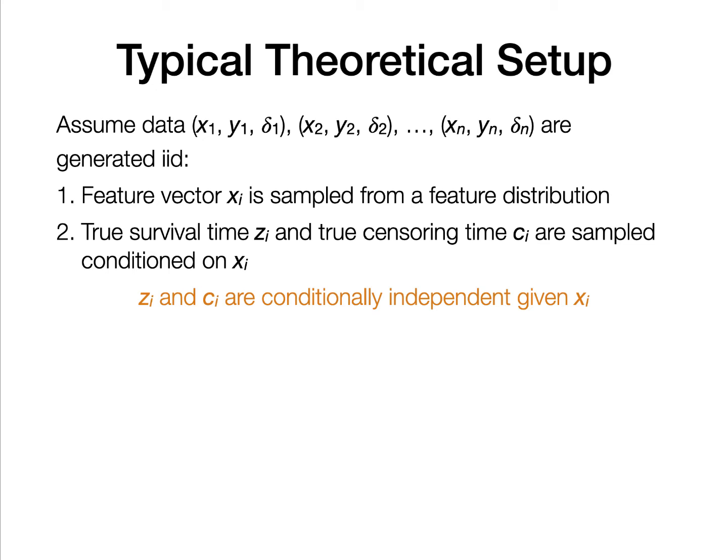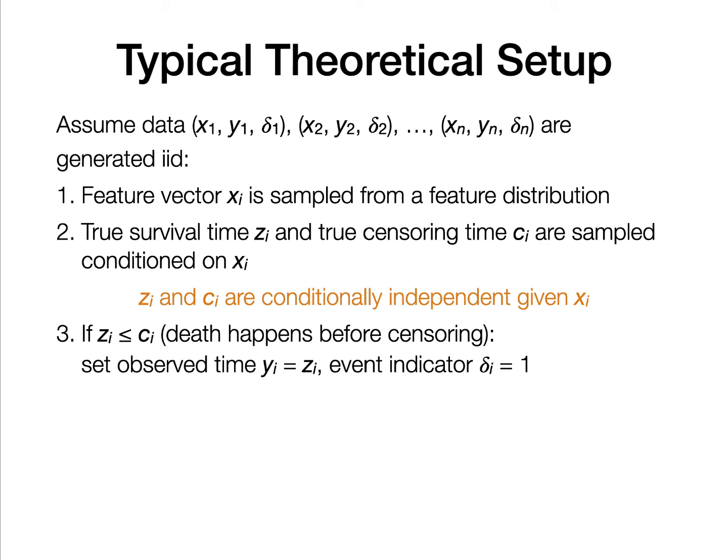Okay? And importantly, a key assumption is that the true survival time and the true censoring time are conditionally independent given Xi. And then if the survival time is less than the censoring time, meaning that death happens before censoring, then we set the observed yi value to be equal to the survival time, Zi, and we set the event indicator to be equal to 1.